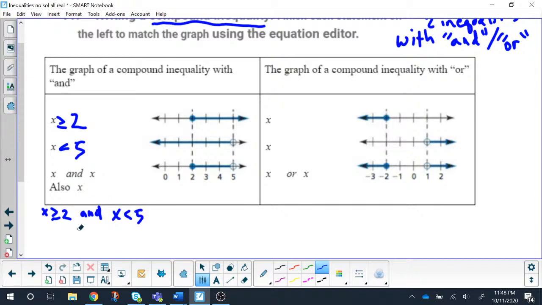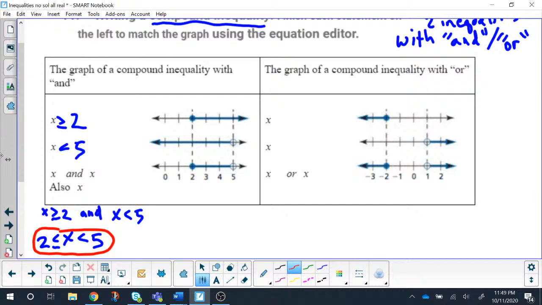We can also write it like this, where we say X is greater than or equal to 2 and less than 5. Notice I'm writing it from least to greatest. As long as you do that, it will always look like this as one string of inequalities. That's the common way to write it if we can.